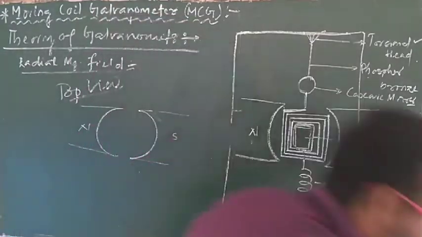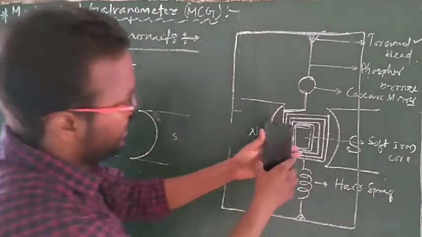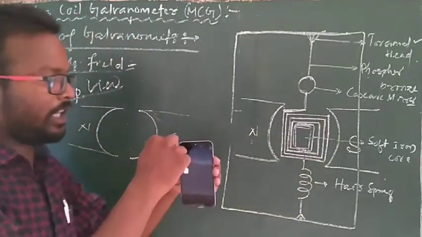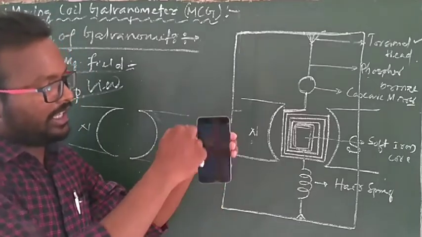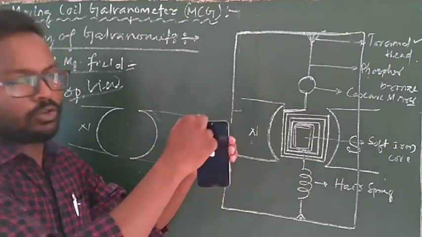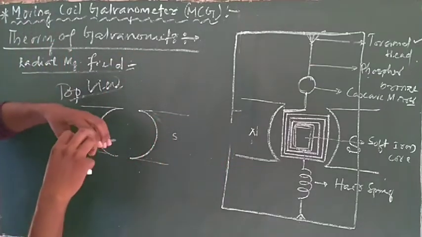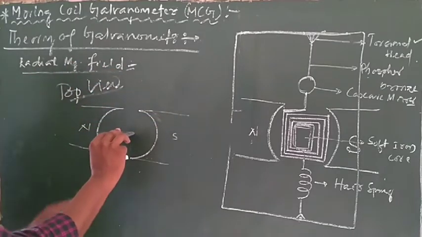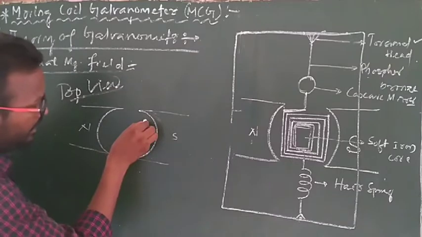Clear? Okay. Suppose this is the soft iron core, and the coil is wound over it. In this way, the coil is wound over the soft iron core, and this setup is placed between the north pole and south pole of the horseshoe magnet.